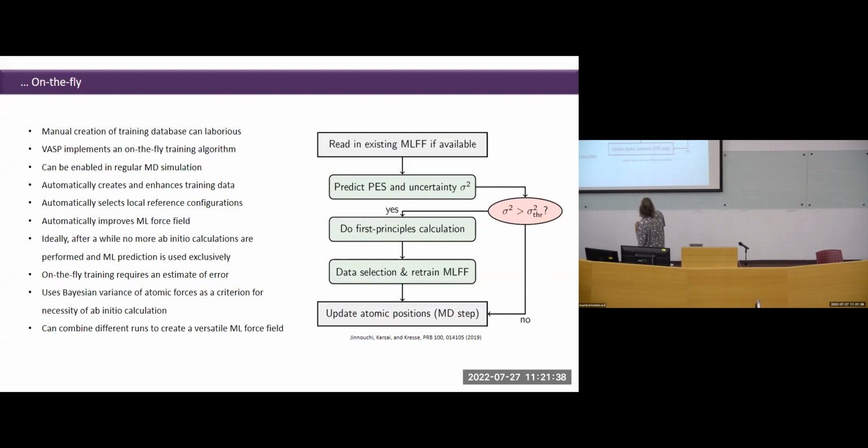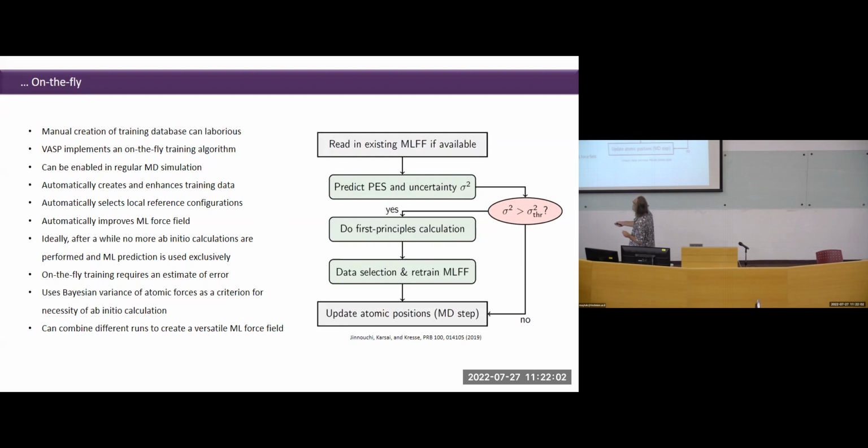So if we would get a satisfactory result in terms of the Bayesian error from our current machine learned force field model, then we'll skip the ab initio step. We'll do a classical molecular dynamics step, based on that prediction and move on. Yeah.